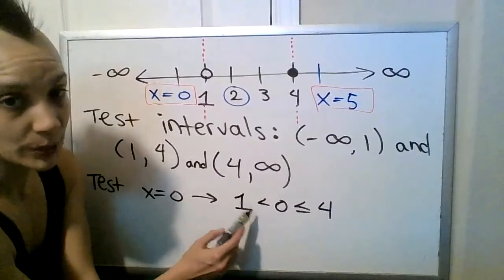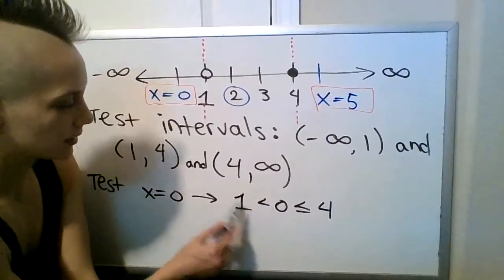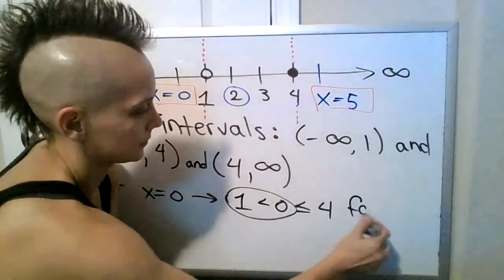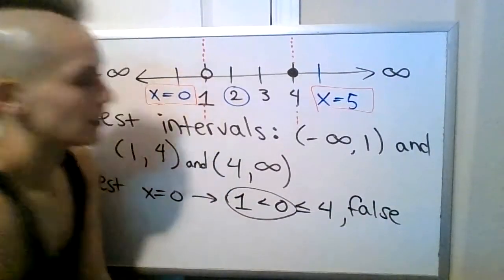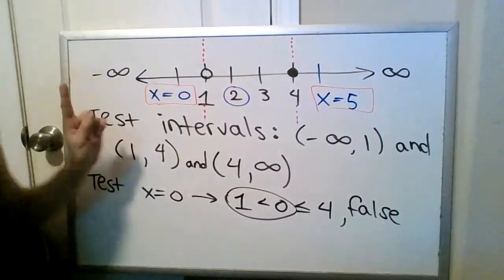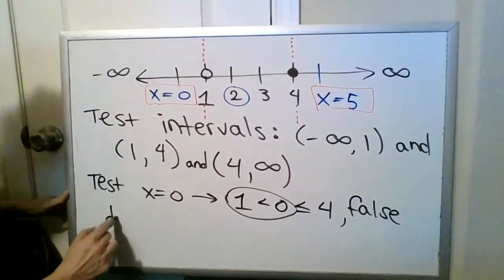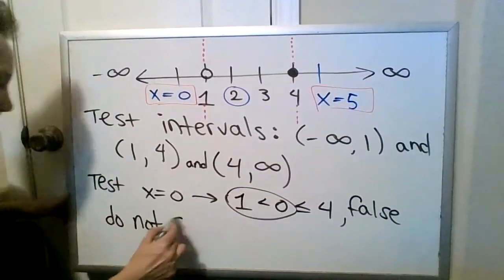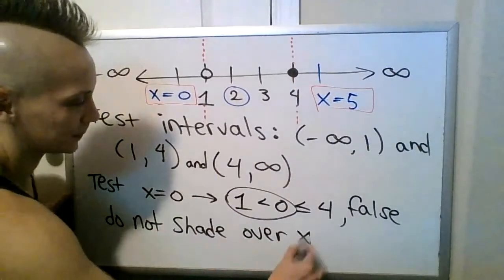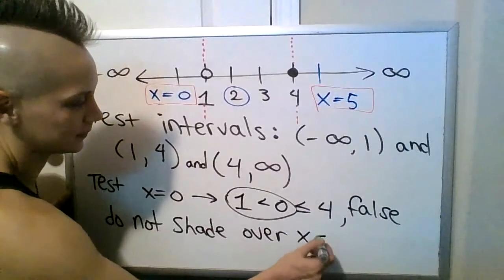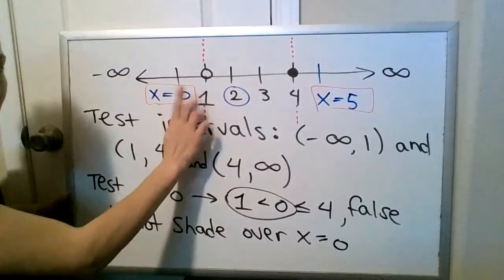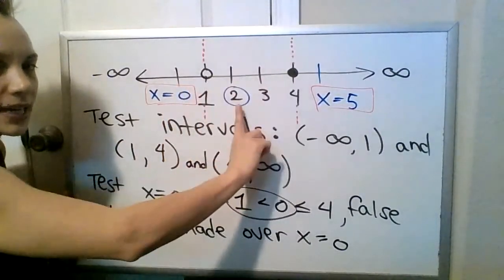And 1 less than 0 is false, which makes the whole statement false, and you do not shade on that side where x is equal to 0. That part's blank. This part, we're testing x equals 2.